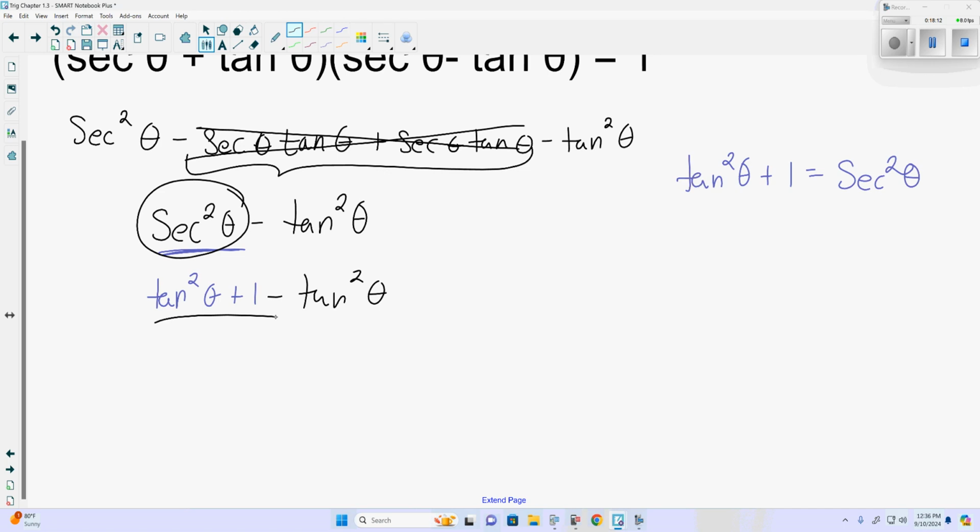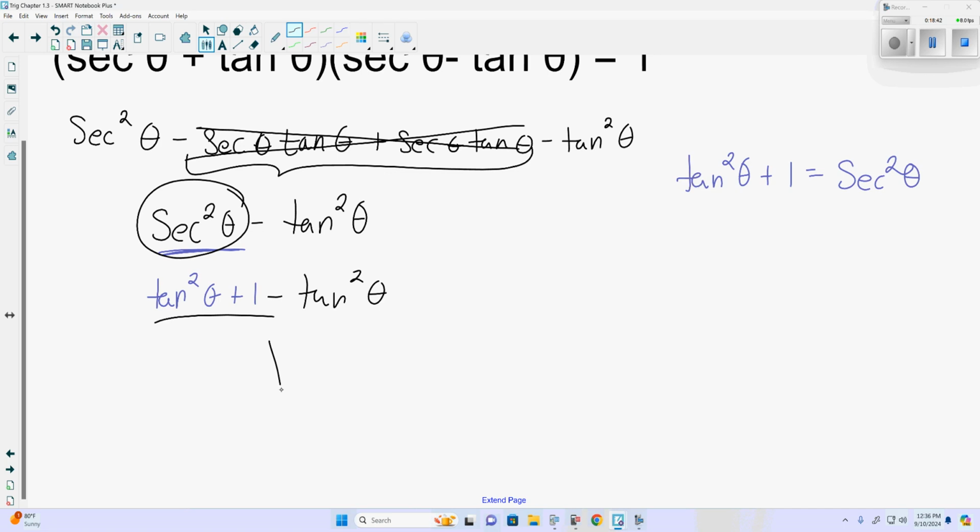So we can replace secant squared with tangent squared plus 1, because those are equal. Does that make sense how we got from there to there? Yes? Well, tangent squared minus tangent squared is? What are we left with? So we did prove that the original statement, that secant plus tangent times secant minus tangent, is indeed 1.